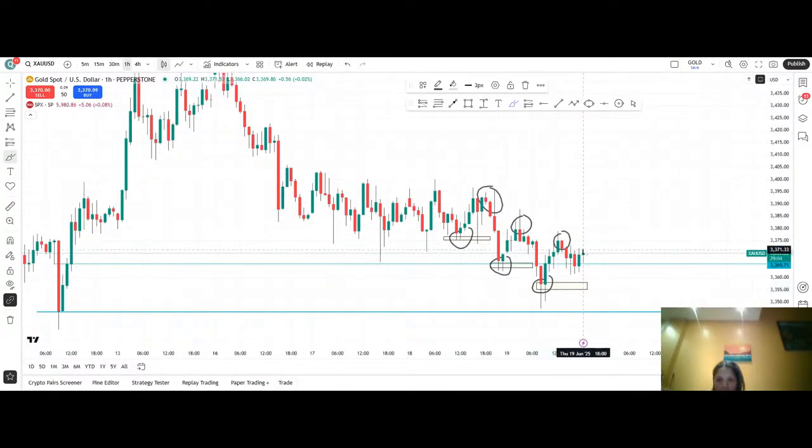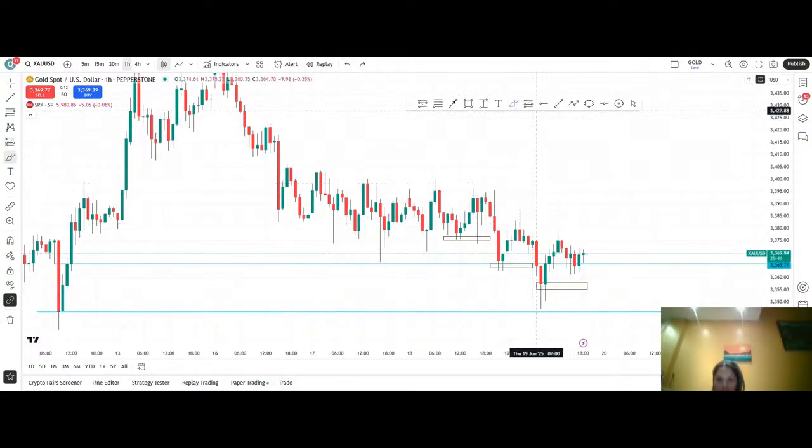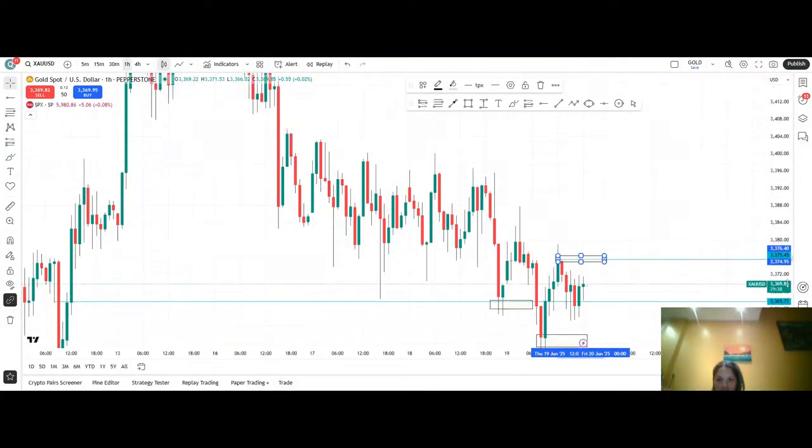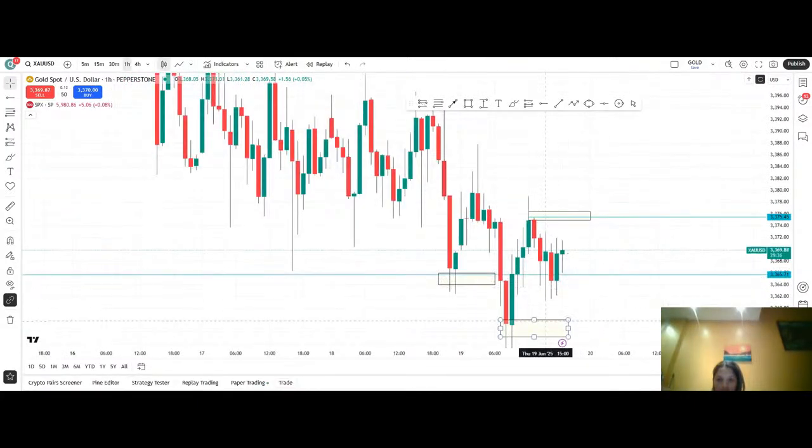So if price can break this high here, then that would be a nice entry for us. However, that could also be a take profit target.